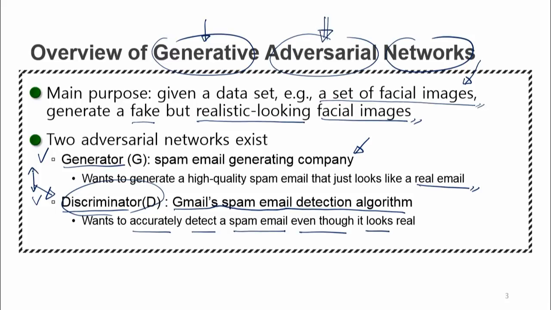Based on this adversarial relationship, each side of these two modules will try to improve its own module. As the discriminator, or spam email detection algorithm, becomes more and more capable of detecting spam email, the spam email generating company should be able to generate higher and higher quality spam email that looks more like a real email.